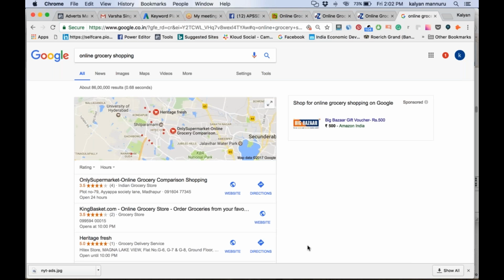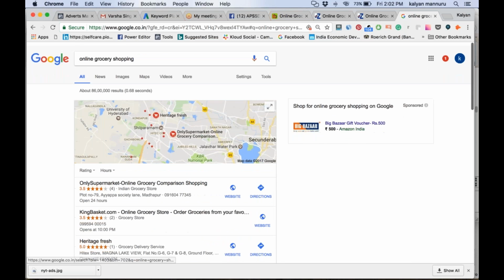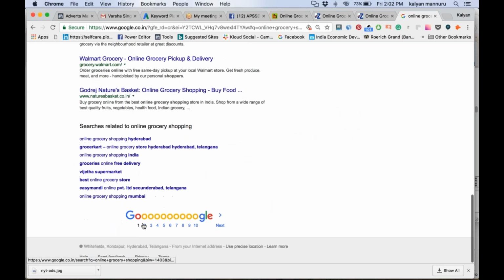You can be on the 10th page, you can be on the 20th page depending on the competition. So I am searching for online grocery shopping. Let's say I have already created a page for grocer.com slash online grocery shopping. I should be present in one of these listings. Each page has 10 listings. So based on my page's popularity, I will be listed on one of the pages.